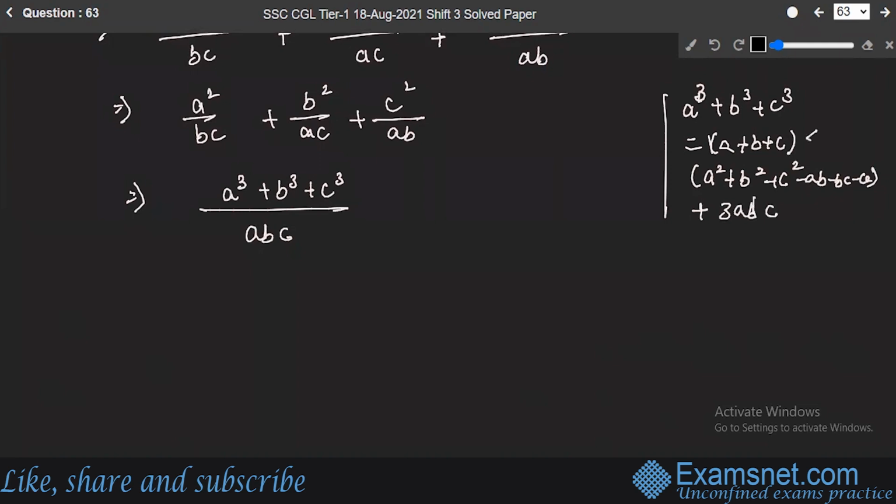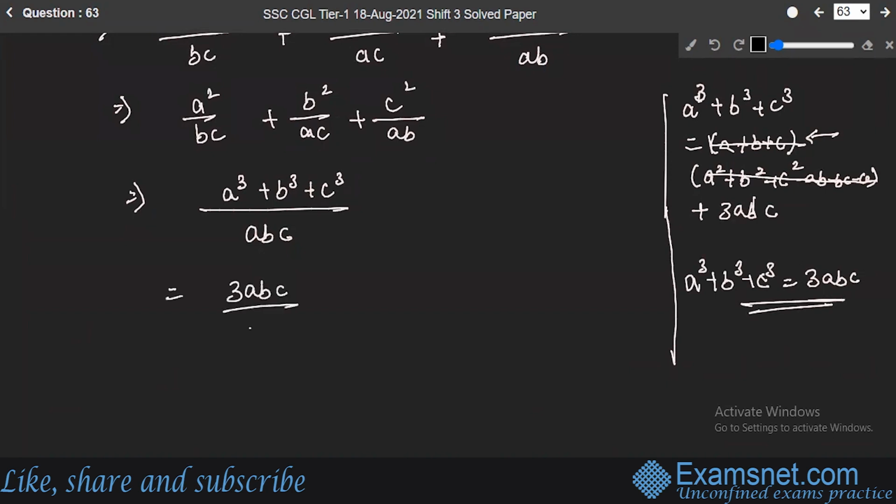In this question, a plus b plus c is equal to 0, so this whole term will become 0. So a cube plus b cube plus c cube becomes 3abc. This is equal to 3abc upon abc. They will cancel and you will have 3 as your answer.